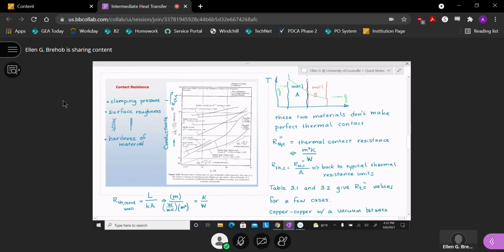Depending on which materials, copper I think of as being relatively soft, stainless steel not so soft. So as you put these 2 surfaces together, the softer they are, some of these bumps might smooth out and make a better thermal contact.